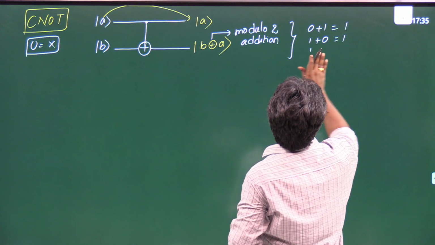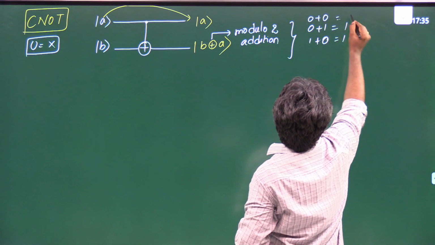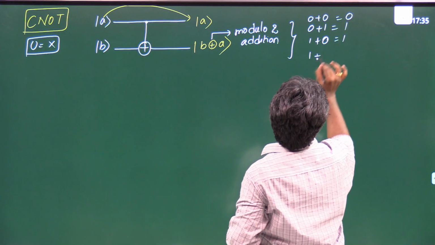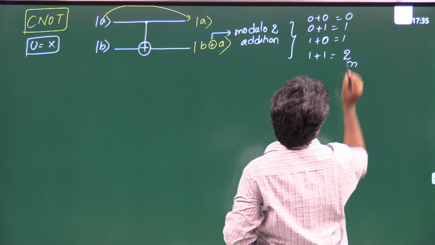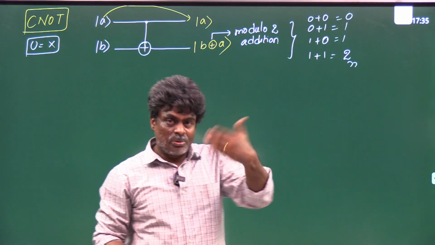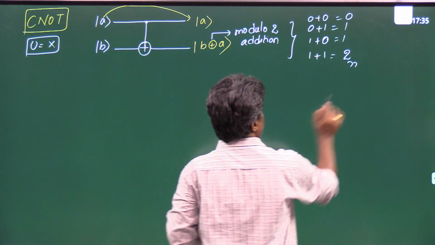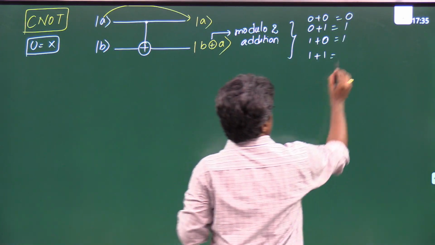Let me write one more. 0 plus 0 is 0, but 1 plus 1 actually you will get 2. Modulo 2 means we should not get 2. You have to divide that by 2, and whatever the remainder you are getting, you have to write. That's why, I think you know the modulo operation, it is 0.